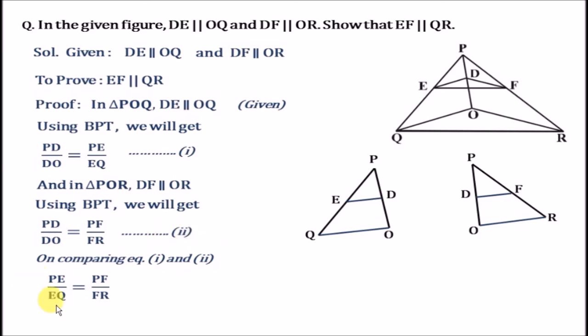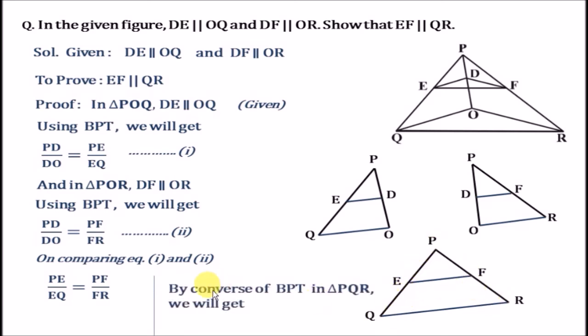The equality of PE by EQ and PF by FR can be evaluated in the triangle PQR. So here EF is dividing the sides PQ and PR in equal ratio. So by converse of BPT in triangle PQR, we will get EF parallel to QR. So we have applied the concept of converse of BPT in this question.